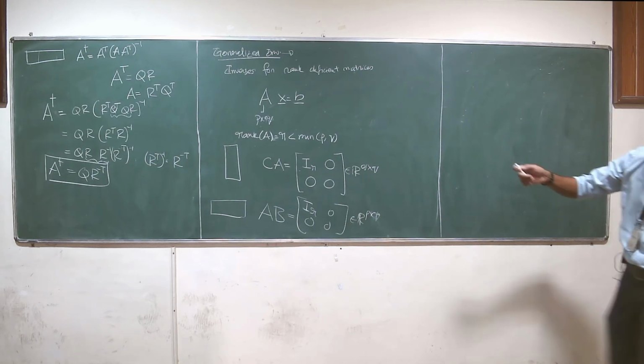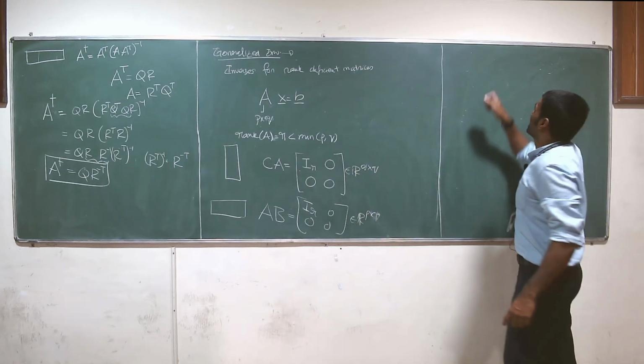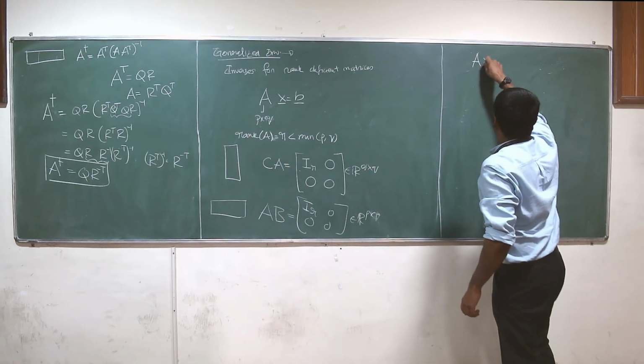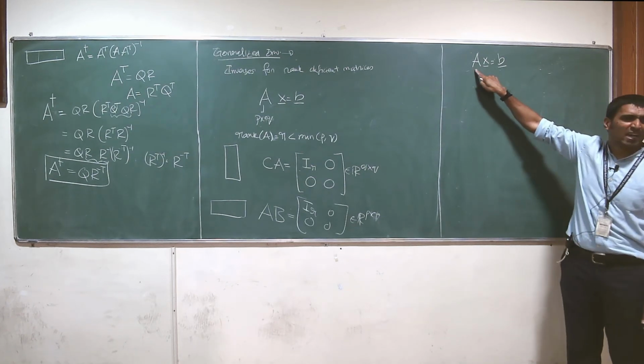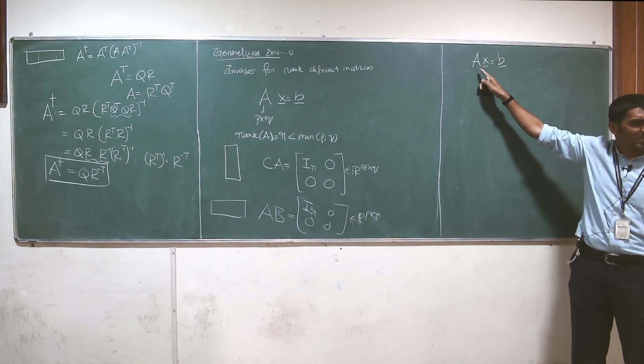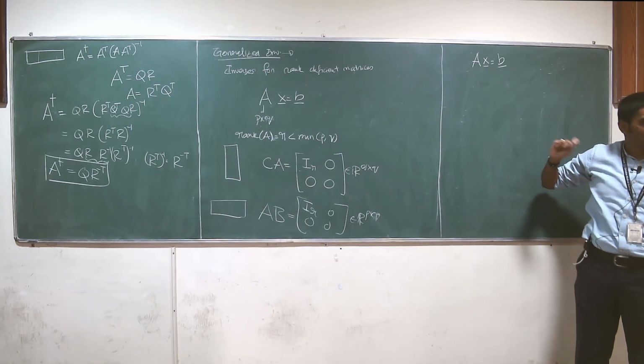Okay. Let's look at what this means in terms of solving this equation. Earlier, when A was full rank and tall, there were only two possibilities: unique solution or no solution. When A was fat and full rank, there were infinitely many solutions.